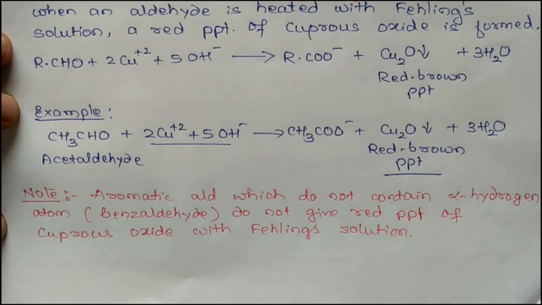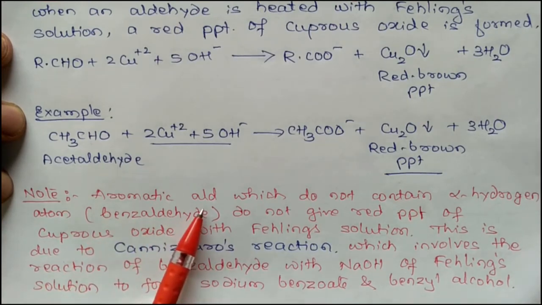This is due to the Cannizzaro reaction, which involves the reaction of benzaldehyde with sodium hydroxide present in Fehling's solution to form sodium benzoate and benzyl alcohol.